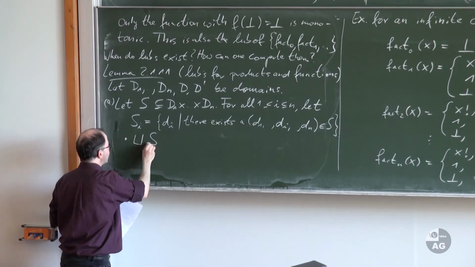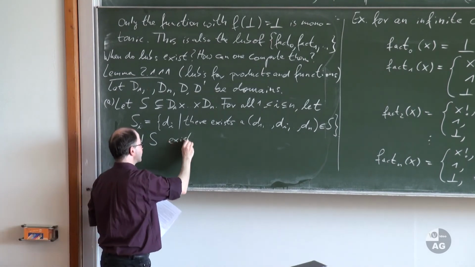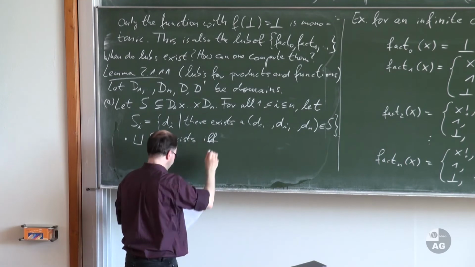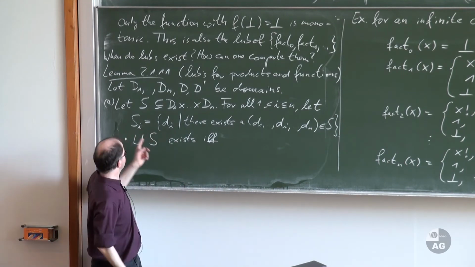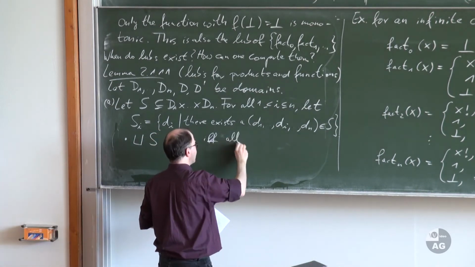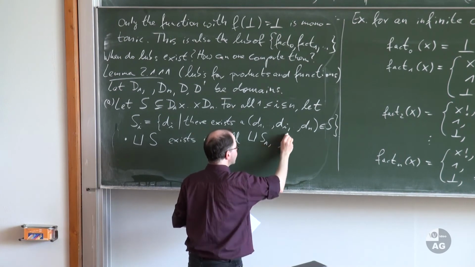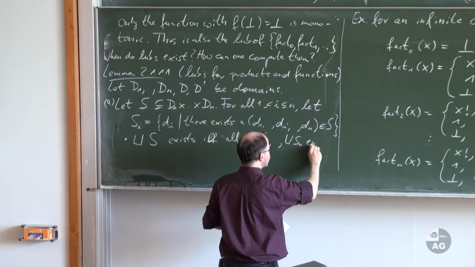There is a least upper bound for the whole set S if and only if there are least upper bounds for all these projection sets, if all least upper bounds for S1 to Sn exist.